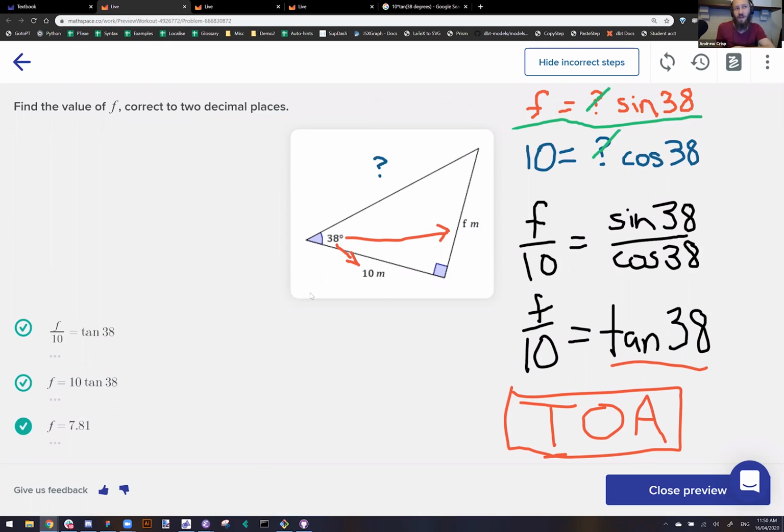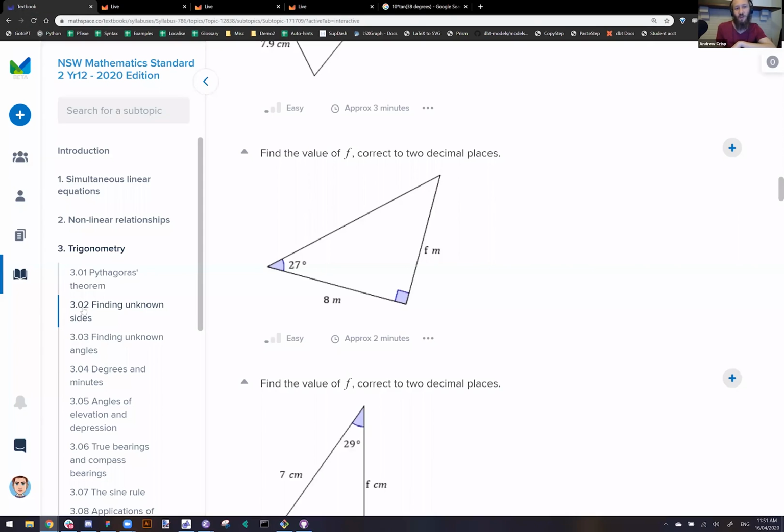I notice I've only got 10 minutes remaining, so if anyone has any questions or anything you'd like me to show you, let me know now. But in the absence of any questions from the audience, I might go and see if I can find a question from this set later on and see how tricky it can get. Just because I want to make sure that when you hang up this call, you can jump straight in to 3.02 and get all the way through.